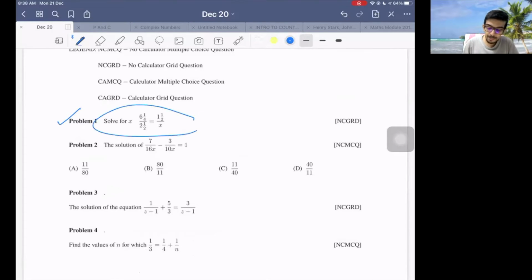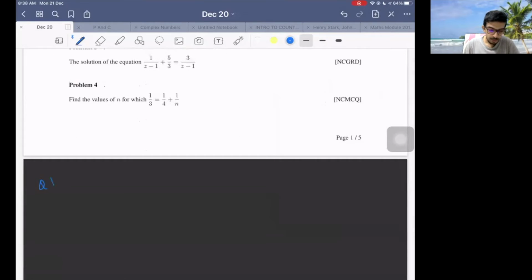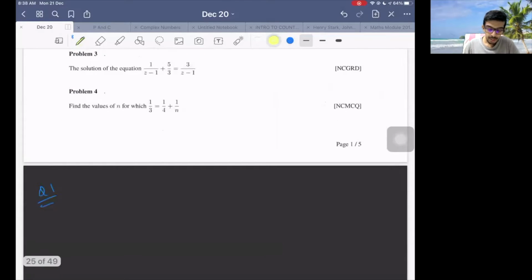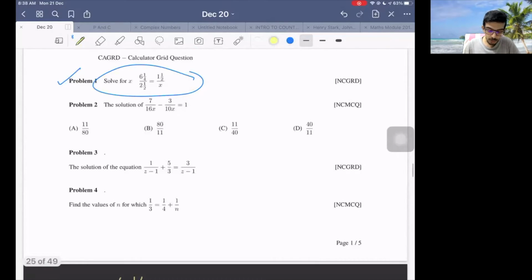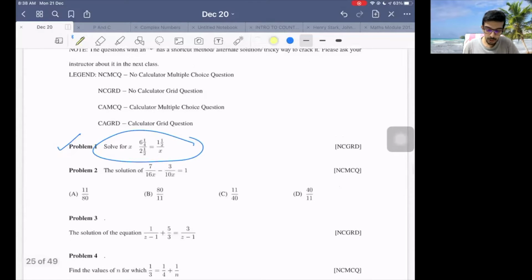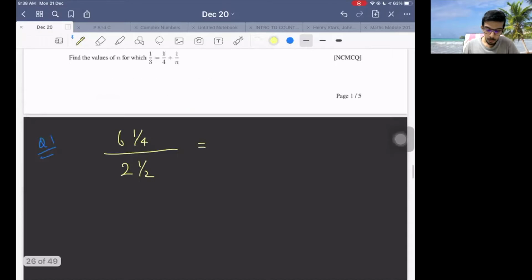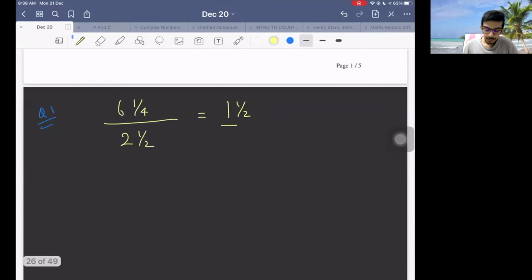Now, what is the first impression here? We have 6 and 1 by 4 in the numerator. The denominator is 2 and a half. On the RHS, it is 1 and a half.